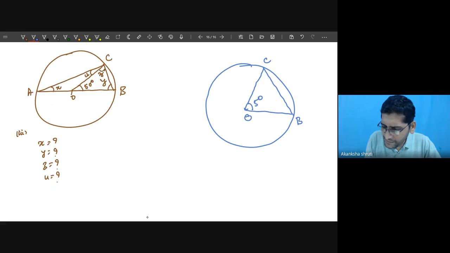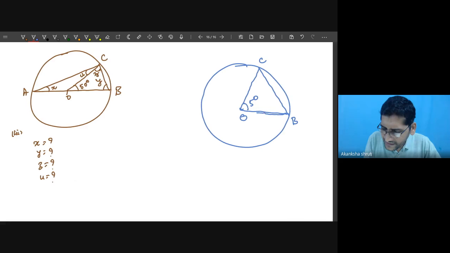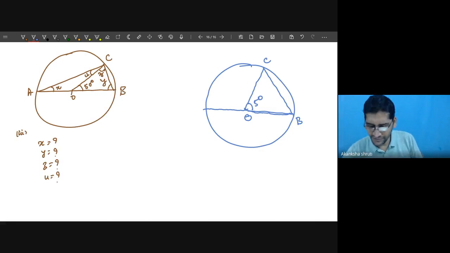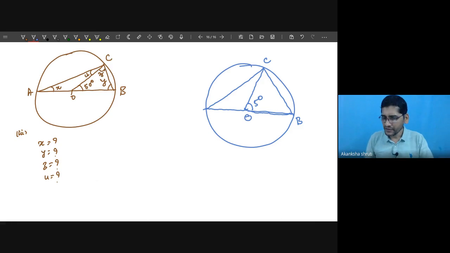At the same B to C, it is also given that the angle is formed at the circumference. Getting? Whether this chord BA is passing through the center or not doesn't affect. Okay, student? Even in this case, it may be asked for this one also. What will be this angle?